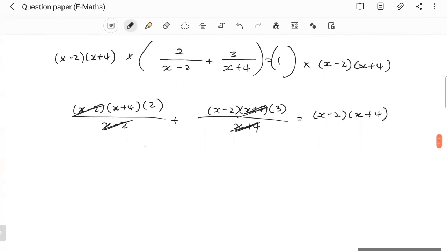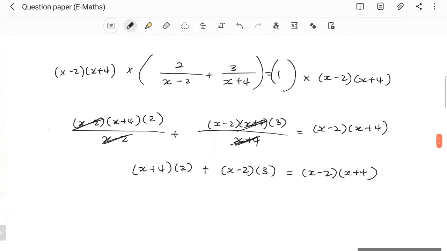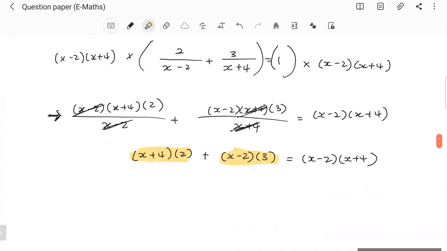So essentially what we have is x plus 4 times 2, plus x minus 2 times 3, equals x minus 2, x plus 4. This step is for illustration purposes. You can skip it when you write your answers, because it's quite obvious that when you multiply throughout your denominator, what is left behind is only this. So try to digest this step.